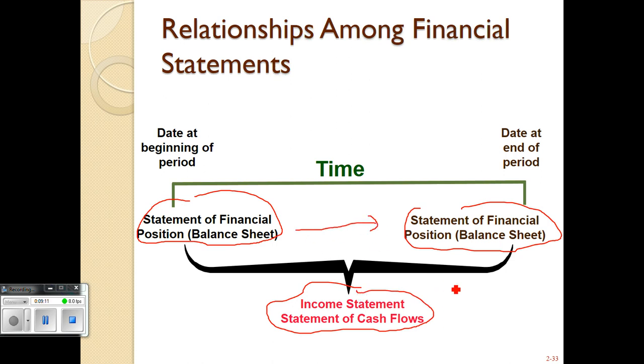The statement of cash flows explains what happened to cash, and the income statement explains what happened to the owner's equity portion of the balance sheet. So the balance sheets are pictures at a particular time, and the income statement and statement of cash flows are movies.